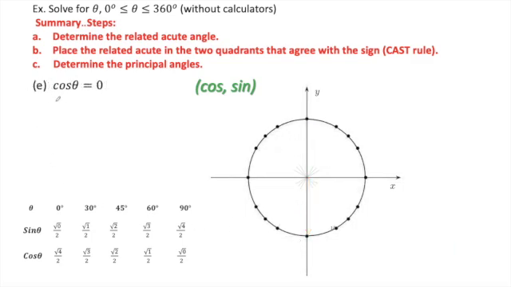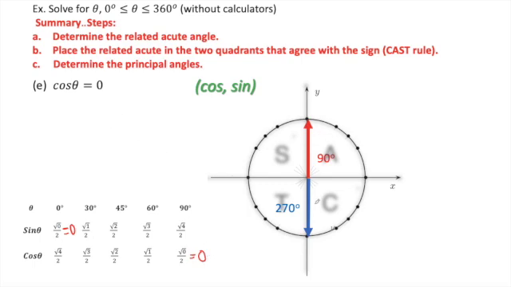Okay, let's look at cos theta equals 0. Here we had a 0 for sine, and here we have a 0 for cos. So we're looking at 90 degrees for our cos to be 0, and we can also be 270 degrees, and that is because we're not looking at negatives and we're not looking at positives here.